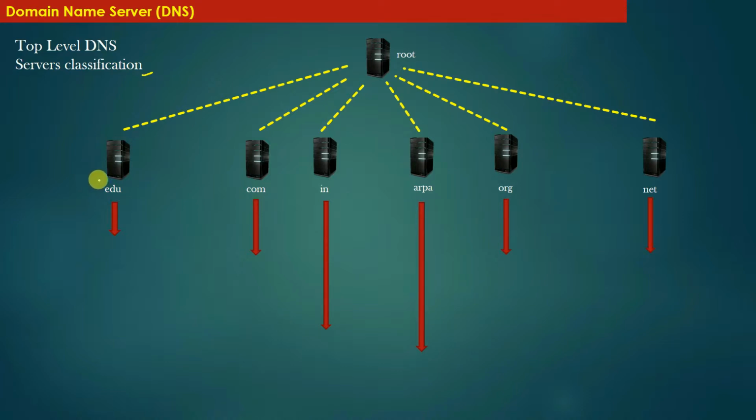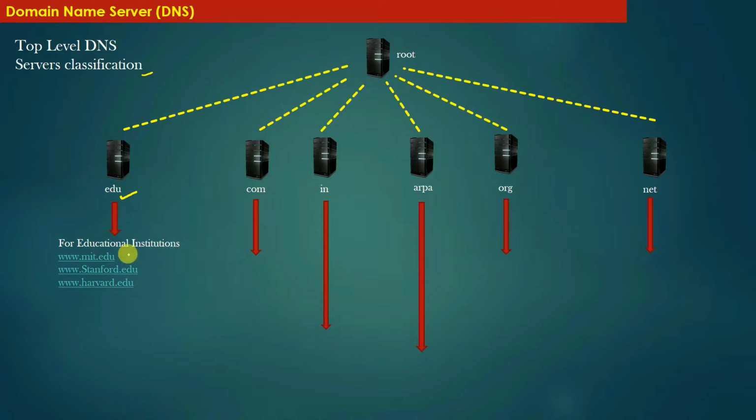Now each of these top level domain name servers that you can see in the diagram is responsible for websites of a particular type. For example, take the top level domain name server edu. The edu top level domain name server is responsible for educational websites.